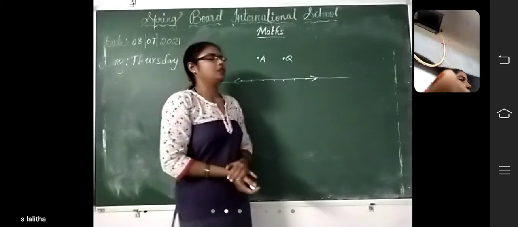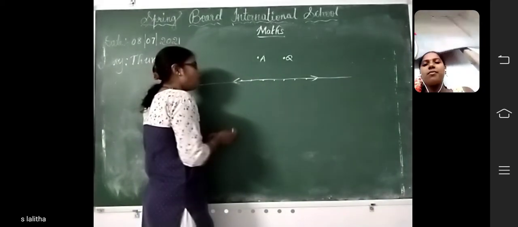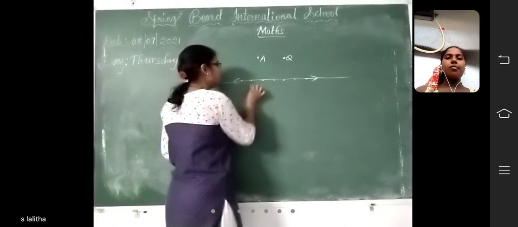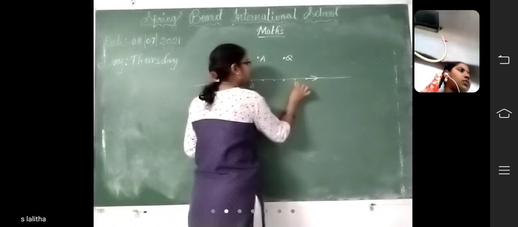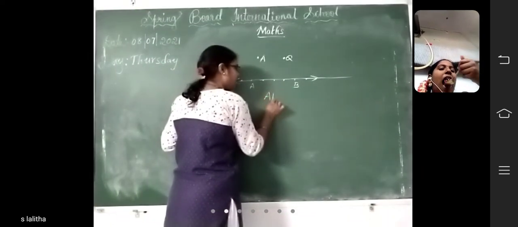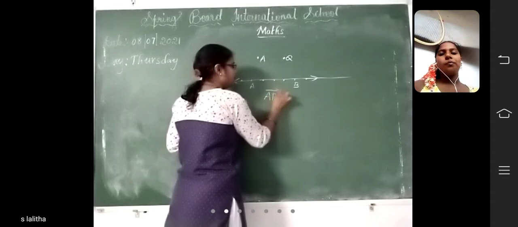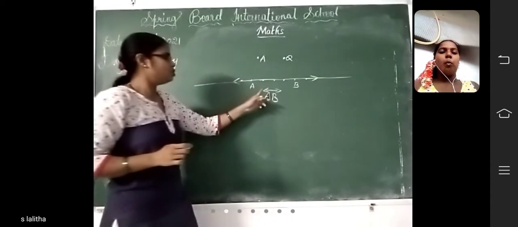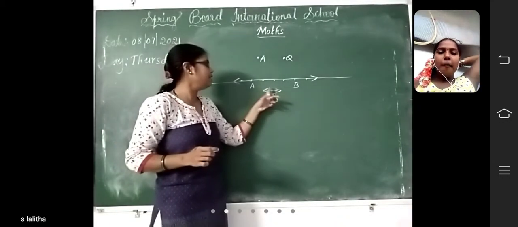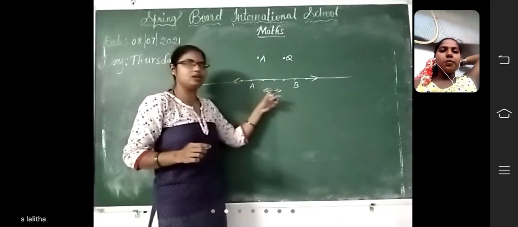Next, how to represent a line, children? Suppose I take here A, B. Then how to represent it? You should write A, B and keep the symbol like this. You should draw the line and draw two arrows on both sides.